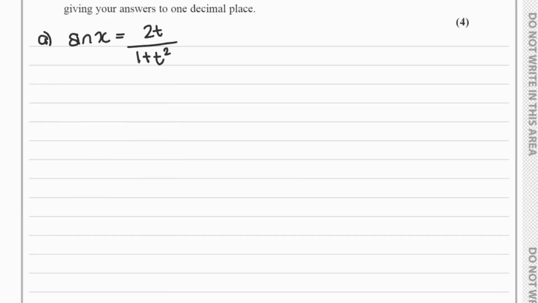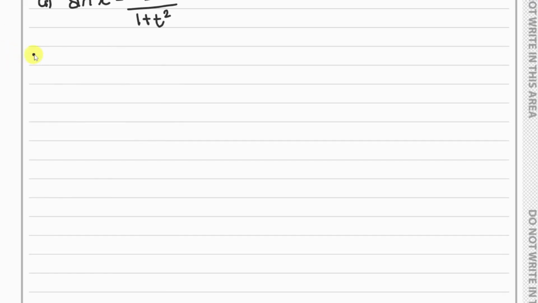Focusing on the first part, B, part 1, we know that if tan of x over 2 is equal to root 2, that is implying that t is equal to root 2, because we know that t is tan of x over 2.